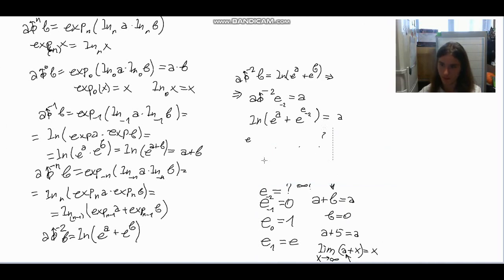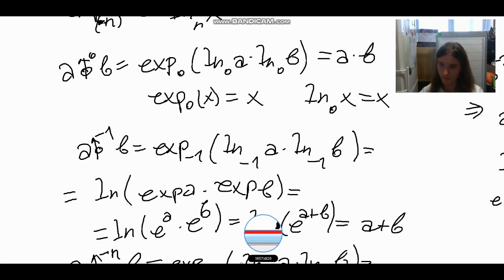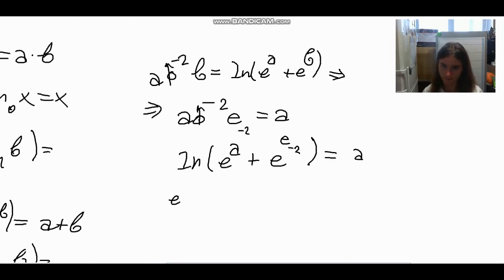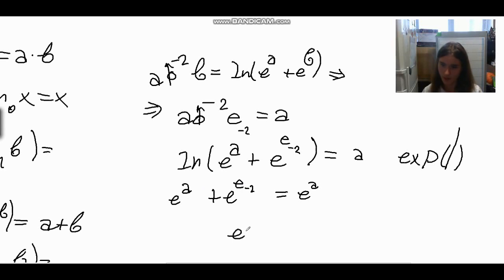Sorry, I have no place again. Let's delete this stuff. Finally, e to the x of both sides: e to the a plus e to the natural element minus second operation equal to e to the a. Means e to the neutral element is null.